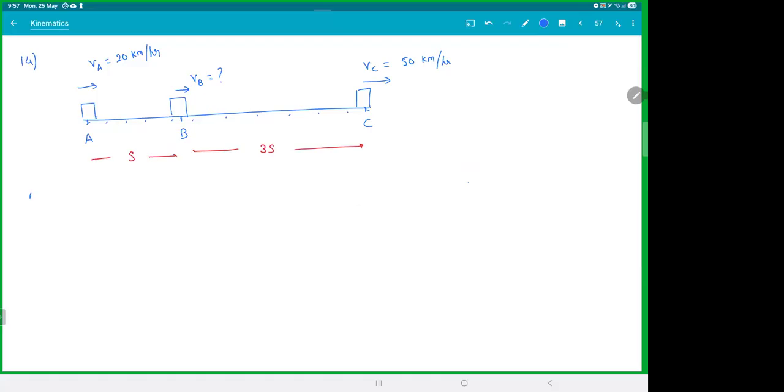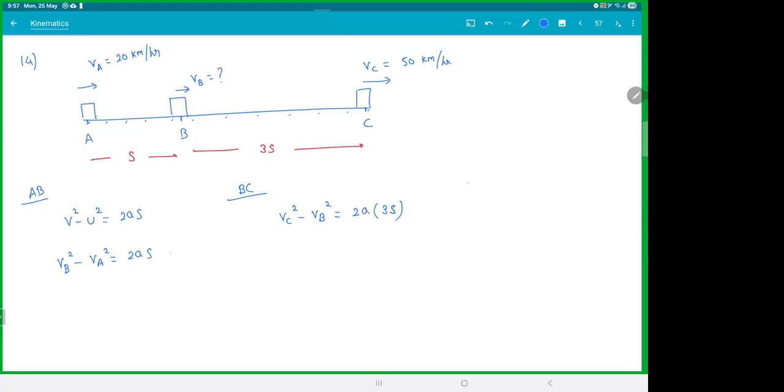So when you go from A to B, I'll use the formula V square minus U square is equal to 2AS. You can do A to C also directly, right? Nothing wrong. So VB square minus VA square is 2, A value I don't know, S. When you go from B to C, B is the initial, C is the final. So same stuff. So we'll write VC square minus VB square is 2 times A times 3S.